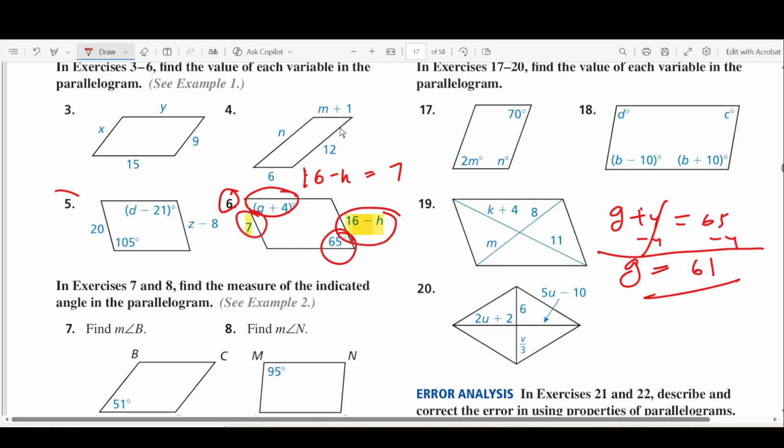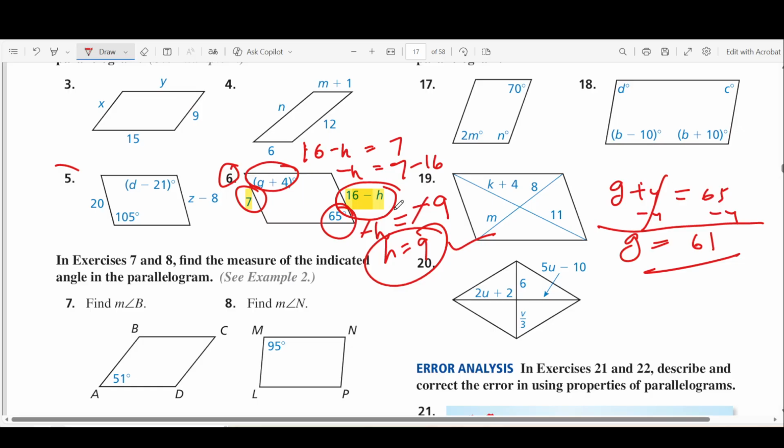Because these are opposite sides which are equal. We need to find H. You can see you have negative H here, and here we have positive 16. So we do the opposite. Positive 16 will become negative 16. And if you subtract them, 7 minus 16 would be negative 9, right? Because the bigger number has a negative sign. And this side we have negative H. So they both cancel out and we get positive 9, right? Is that clear?